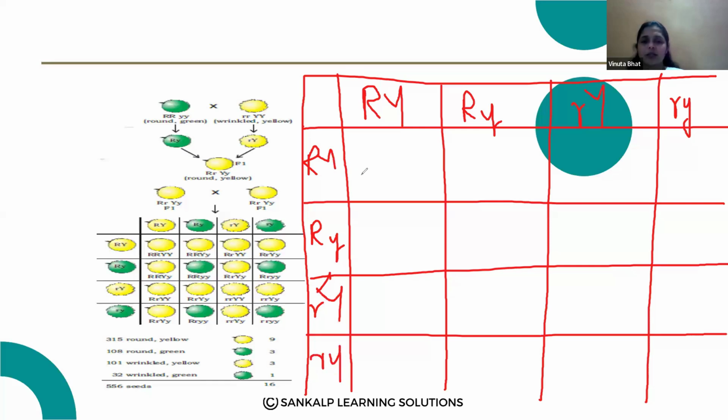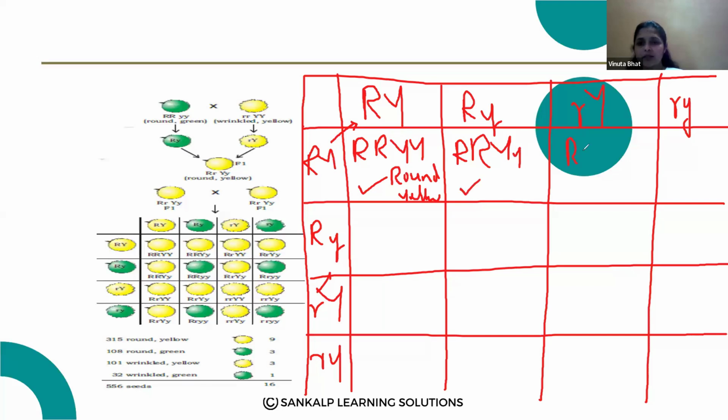Okay, so here just multiply this and write the capital R, capital R, capital Y, capital Y. Here just I will put the right mark, that is round yellow seeds. Then capital R, capital Y, small y, that is also round yellow.